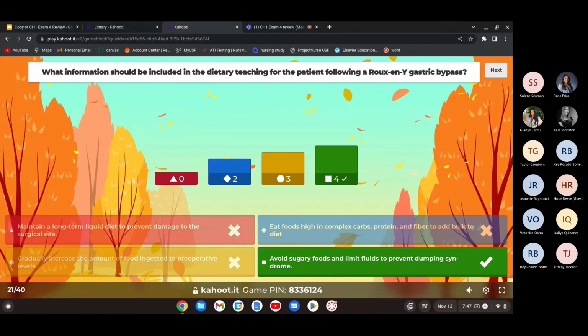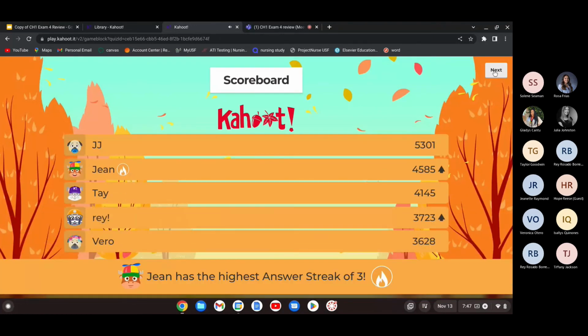For these patients, we want low carb, high protein. We also don't want them to gradually increase the amount of food to preoperative levels. This is because before the operation, their stomachs were really, really big and could hold a lot of food. But after the surgery, we've literally shrunken the size of the stomach. We don't want them eating the same amount of food that they ate before they had their stomach minimized. So avoiding sugary foods. And remember, carbs are sugars.